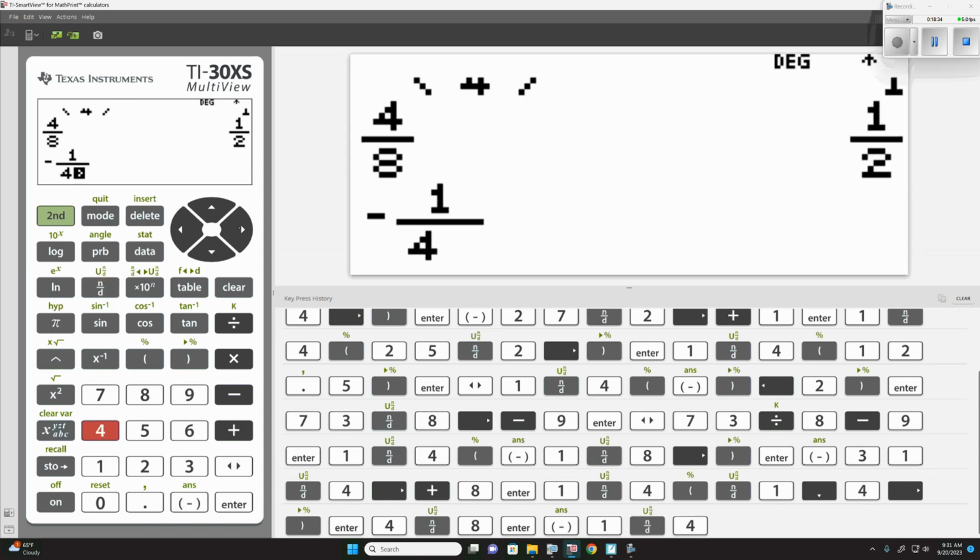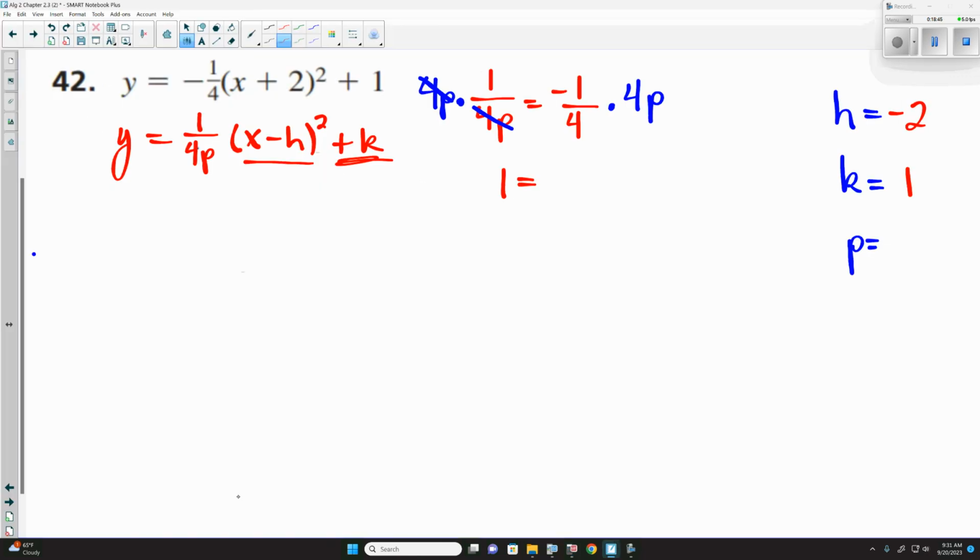So we have -1/4, yes? And we're multiplying it with 4. So it would be -1. So it is -1 times our variable p, which is -1p, or just -p. Right? So we divide both sides by -1, or we can multiply both sides by -1.